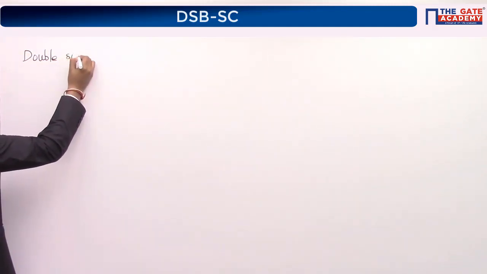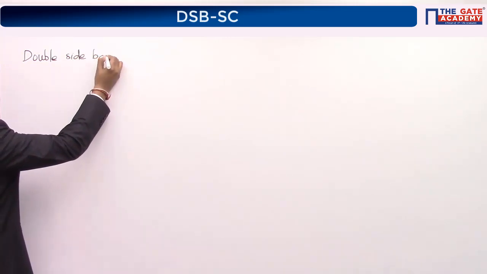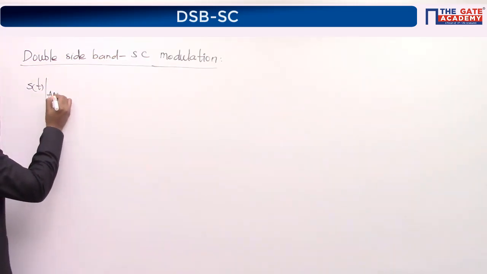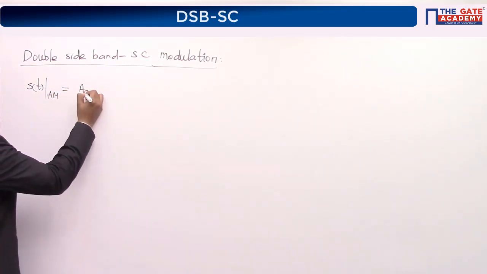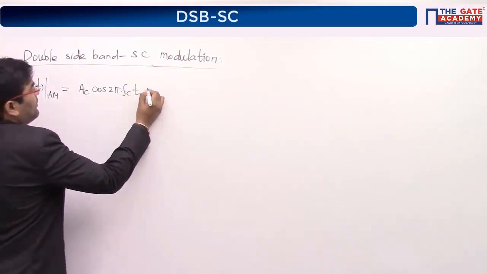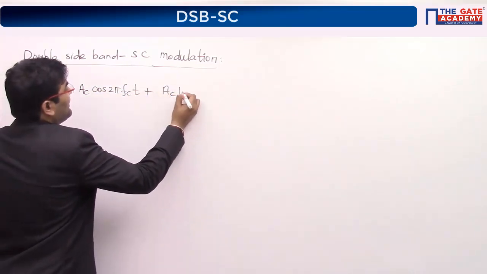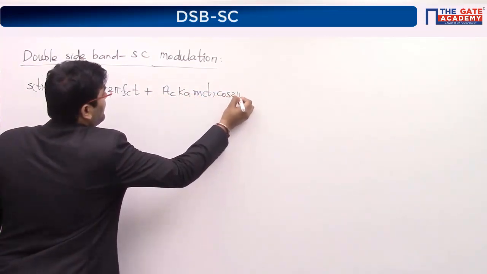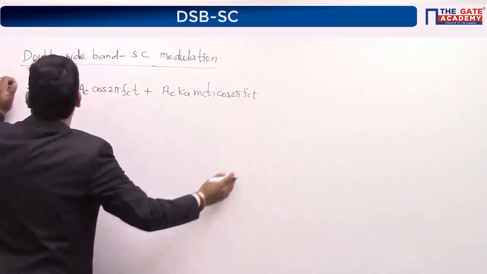Double sideband. The AM signal was something like this: s_AM(t) = Ac cos(2 pi fc t) + Ac ka m(t) cos(2 pi fc t). Okay.